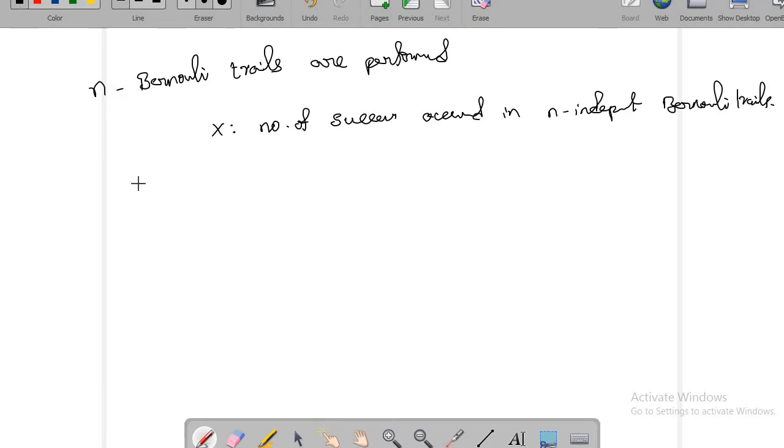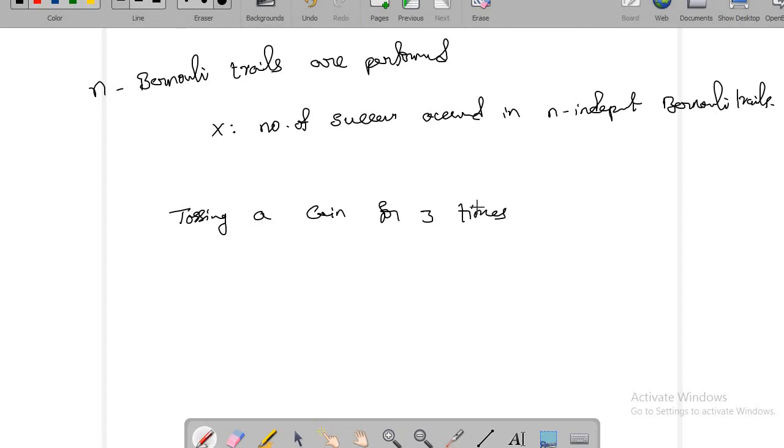So for example, let's take this case. Let's assume we are tossing a coin 3 times. My experiment is tossing a coin 3 times.